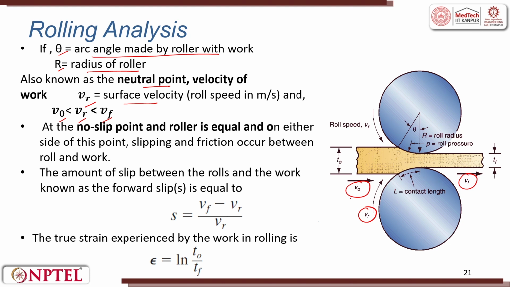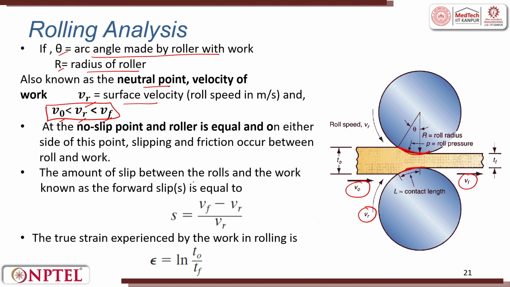Final velocity is higher as I mentioned. There is also an intermediate velocity, the surface velocity, when the rolling is actually happening. At the no slip point the work velocity and the roller velocity are equal, and on either side of this point slipping and friction occurs between the roll and work.